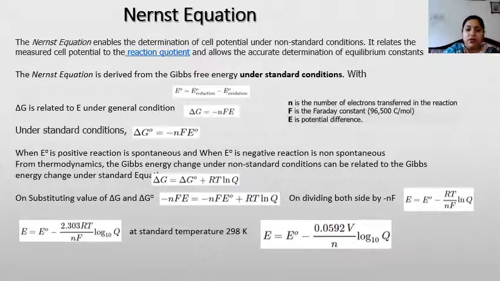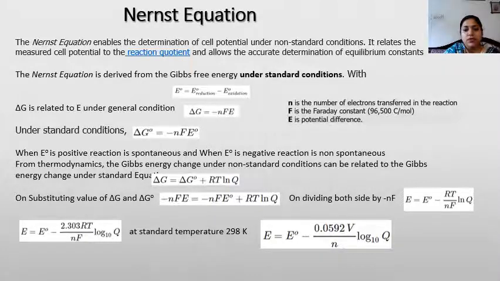But standard conditions are not always possible. What happens if the conditions are not standard? Because in most practical applications the conditions are not standard. So with the help of the Nernst equation we can calculate the EMF of the cell in non-standard conditions also.